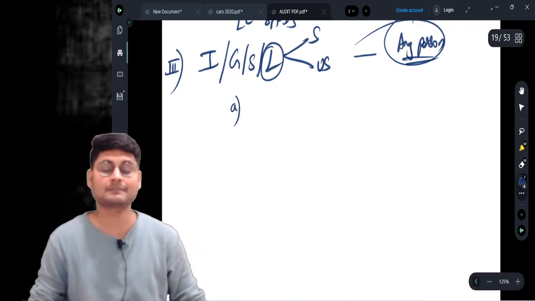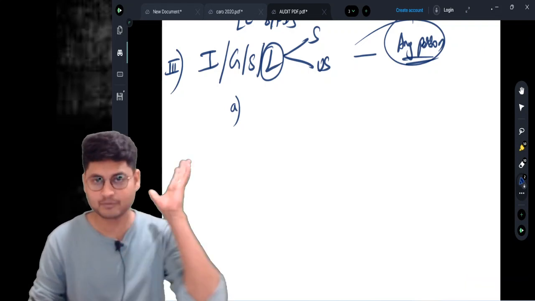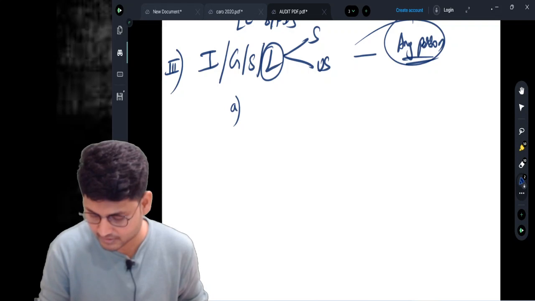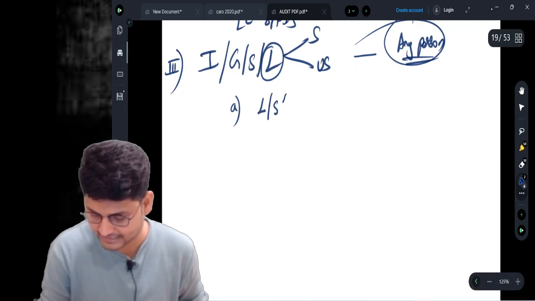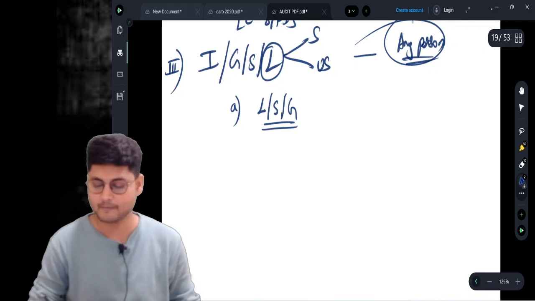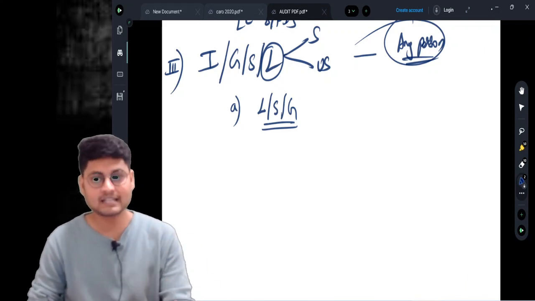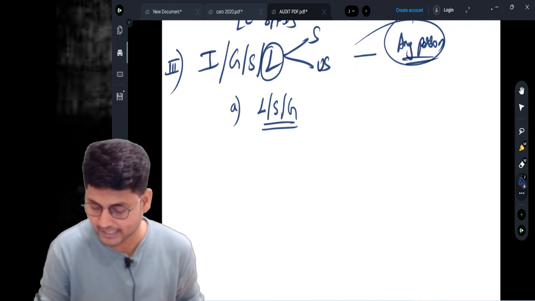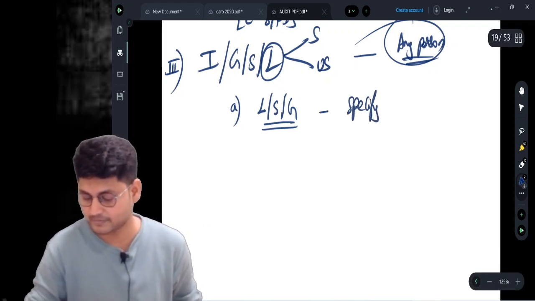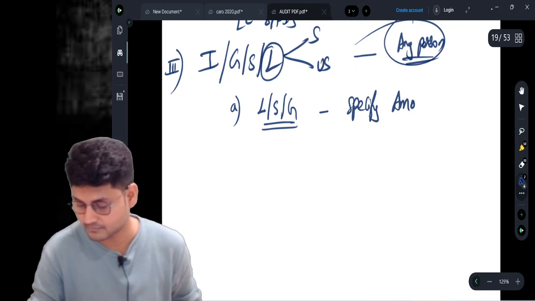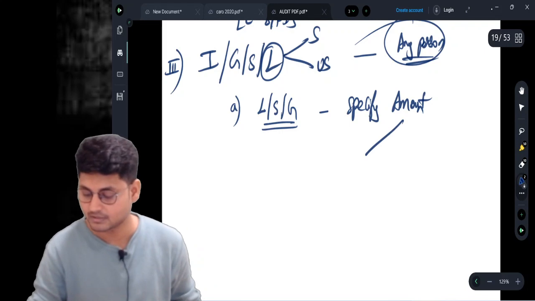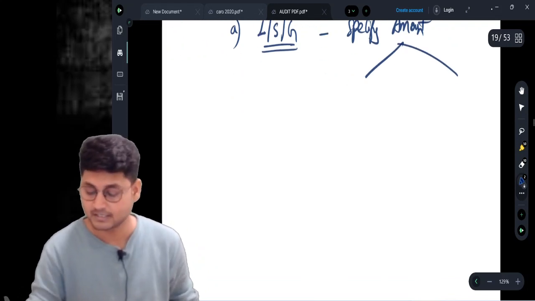Now there are 6 subclauses. Out of that, clause number A I am talking about. In this they are talking about loan, guarantee, security. If these are there, then go and specify the amount. Which amount? 2 amounts.